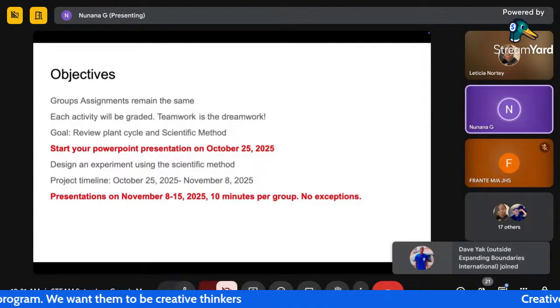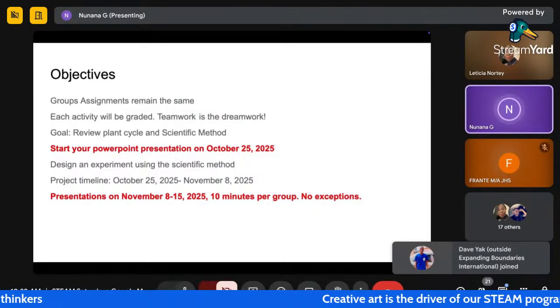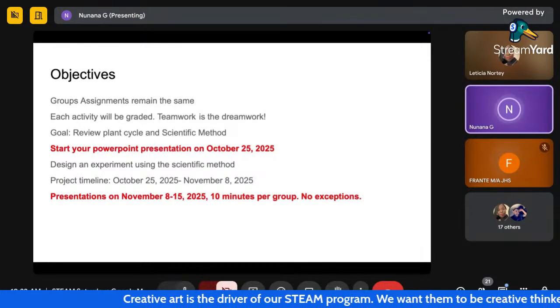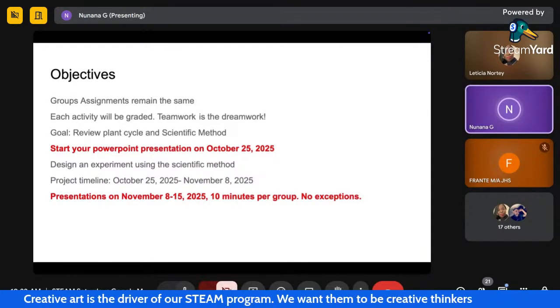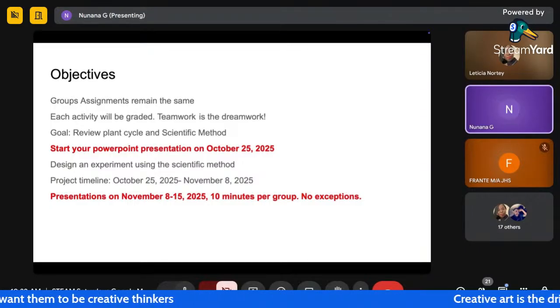Group assignments remain the same. Teachers grade the activities. Teamwork is dream work. In science, you can't work alone. Well, in life, period, you can't work alone. You have to work as a team to make things work.